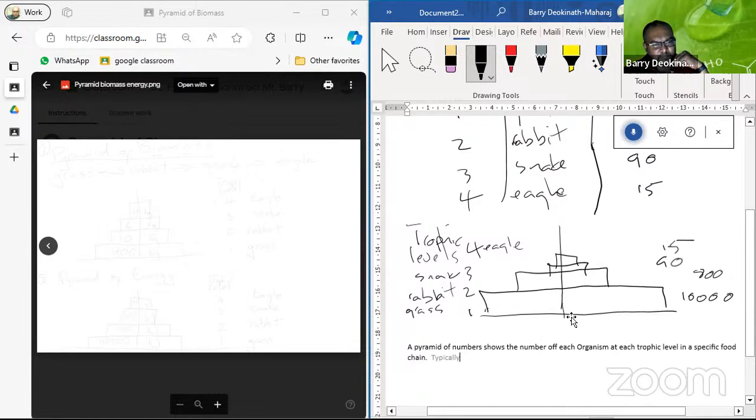Typically, it would have a triangle shape with larger numbers at the lower trophic levels.